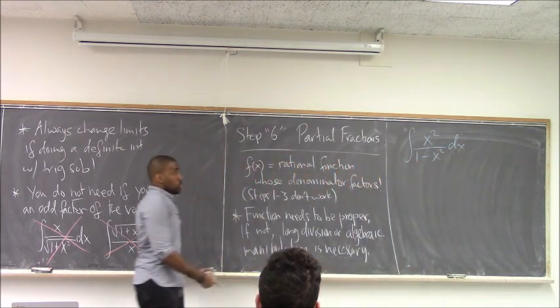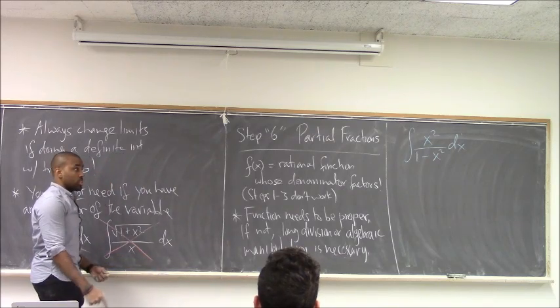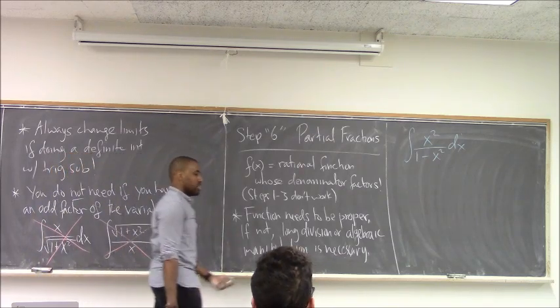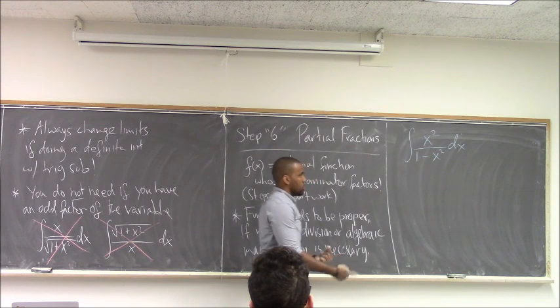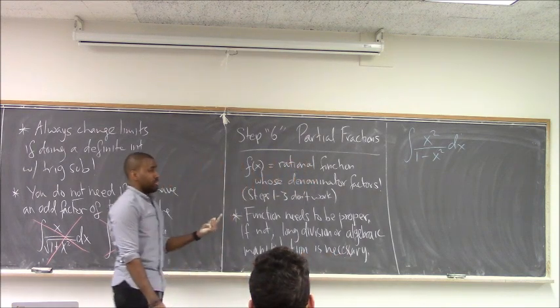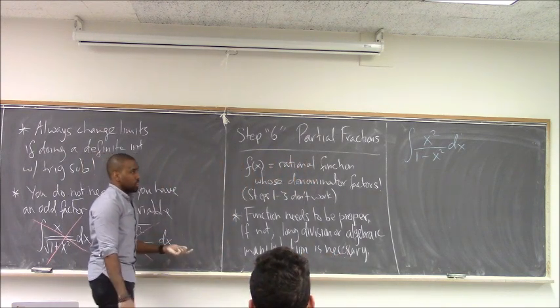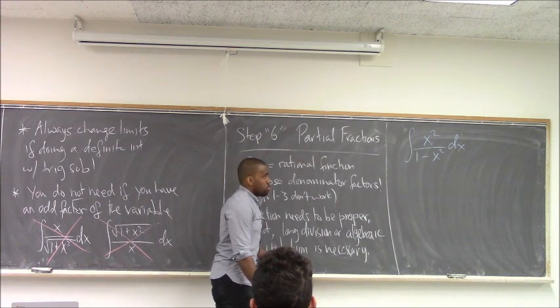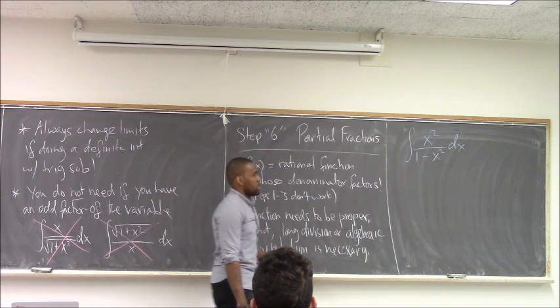Now you might notice that the 1 minus x squared, you could do a trig substitution here, but again, trig substitution is kind of annoying, has this back substitution part. I would notice that, hey, the denominator actually factors, but it's not proper. So what I would do here is make it proper.